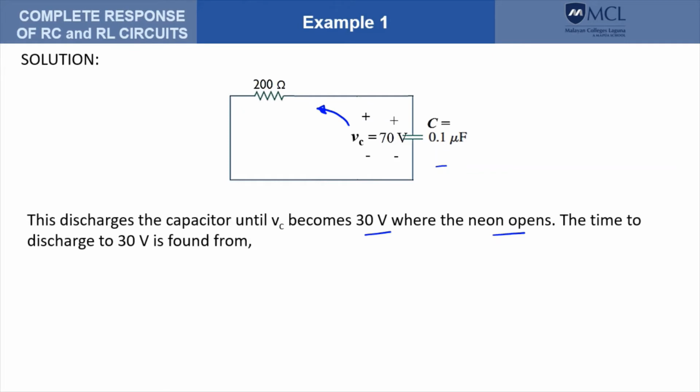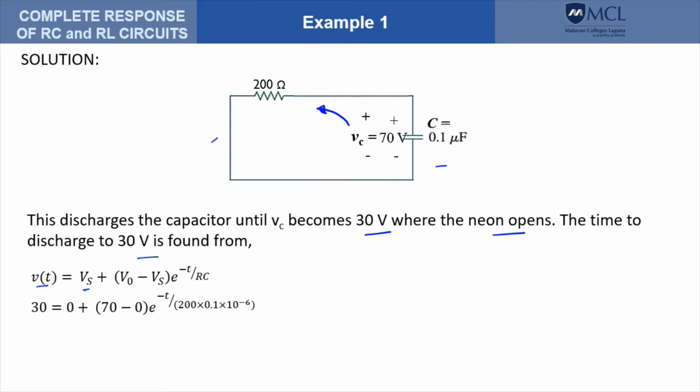Now, how much time is needed to discharge the capacitor to 30 volts can be found again by using the formula for series RC. And this time we substitute the value of 30 volts to this voltage, which is the voltage of the capacitor. V sub S is 0 because this has no voltage.